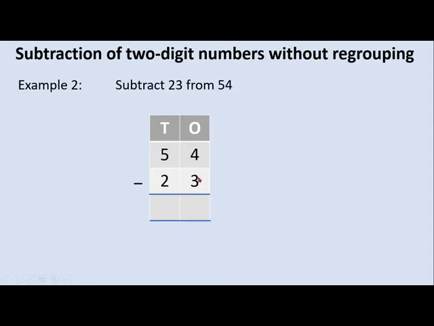Now we will subtract the digits in ones place. That is 4 minus 3, or subtracting 3 from 4. For such small numbers, I think drawing the lines is not required.